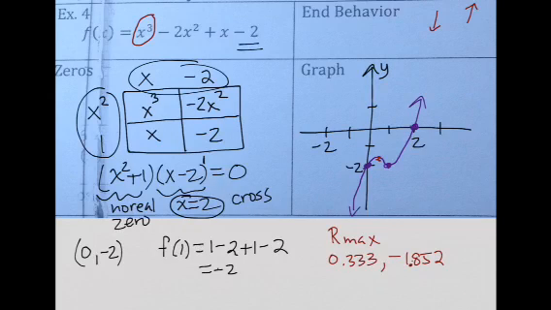That's a decimal right there. So those are the coordinates of the point that is right here. And then this one, 1, negative 2, happens to be the relative min. Okay, and that's the graph for number 4.